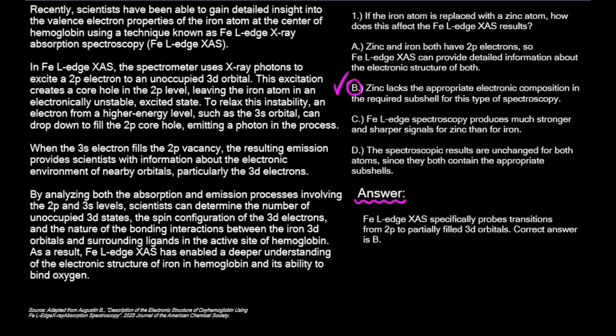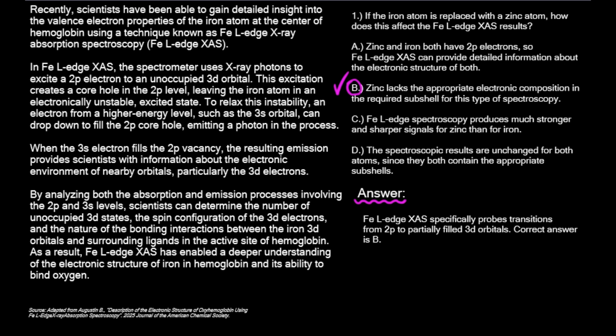A good method for this question is to reword it and explain the question in your own words before looking at the answer choices. The main information in the passage that helps you to select the correct answer is in the second paragraph. This paragraph specifically states that in this type of spectroscopic technique, the spectrometer uses the X-ray photons to excite a 2p electron to an unoccupied 3d orbital.